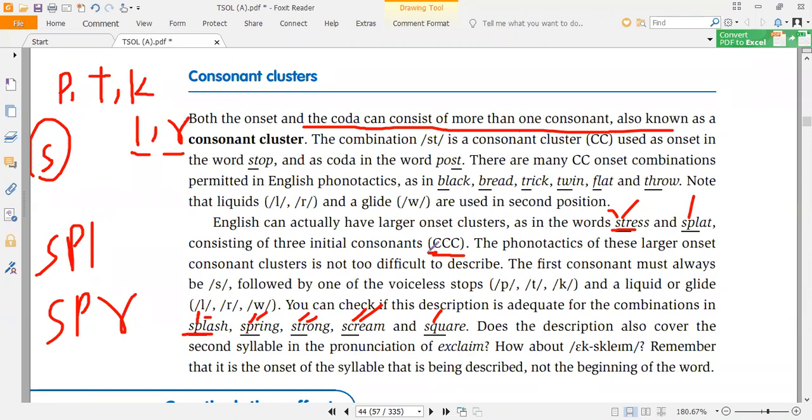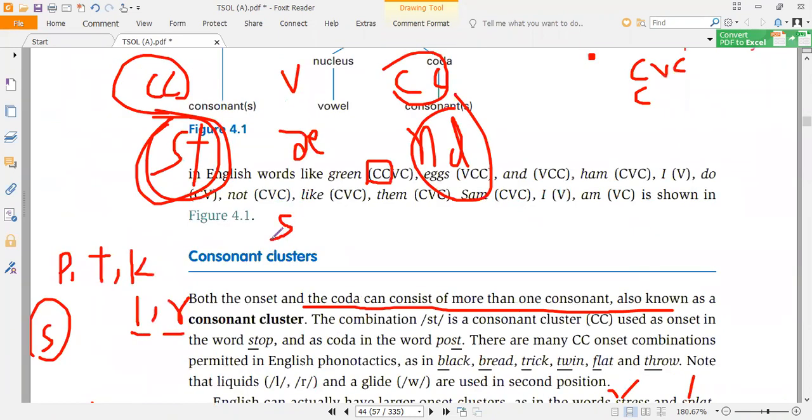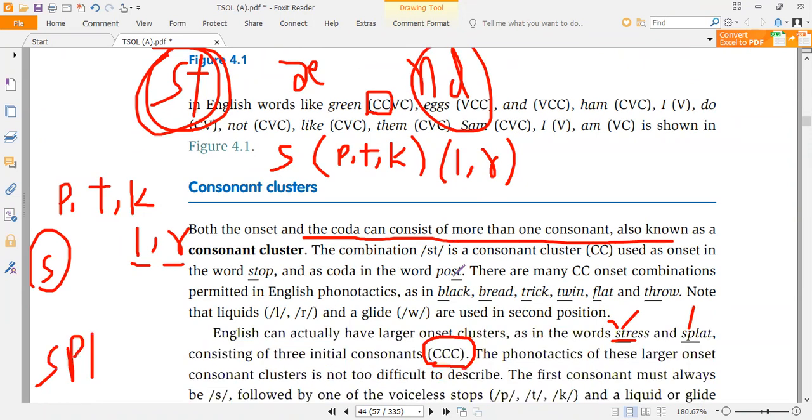So when we talk about CCC, a consonant cluster consisting of three consonant sounds, we have an s sound, then either p or t or k, one of these three, right? And then one of these two, either l or r, right? So there we have these CCC structures, like spring, as I told you, or the word street.